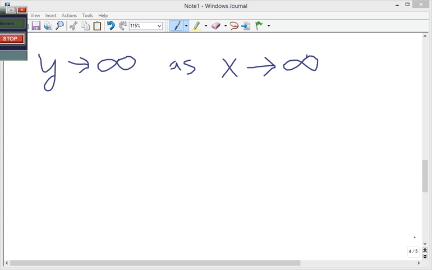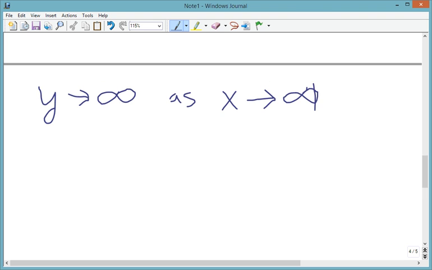The notation we sometimes use for this is to say that y goes to infinity as x goes to infinity. And that would mean that up here, as x goes out to infinity, this is going up.